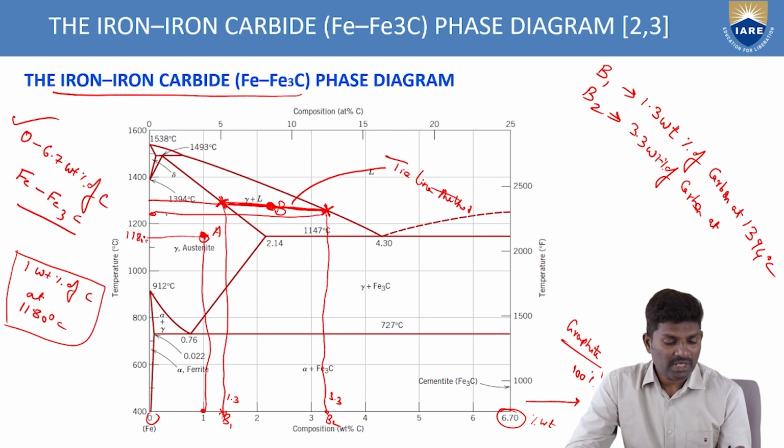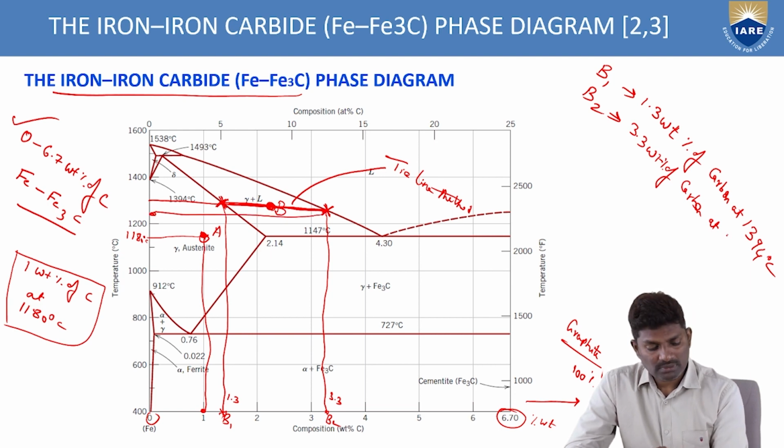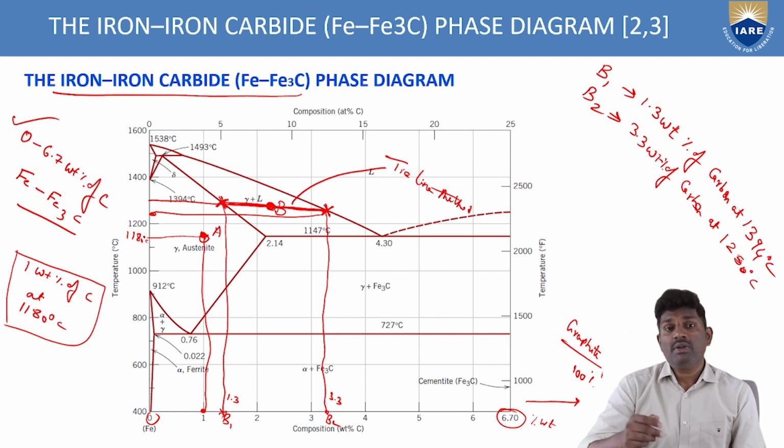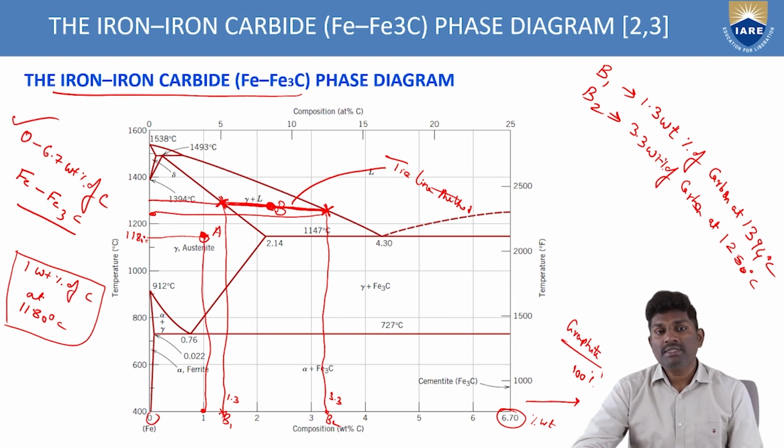So somewhere here you will get, that is at 1300 or 1250, maybe around 1250 degrees. So like this, you have to write the compositions of the two different points along the two phases.